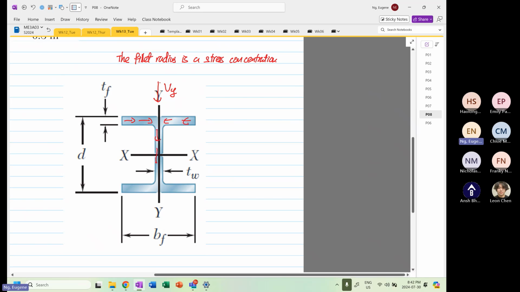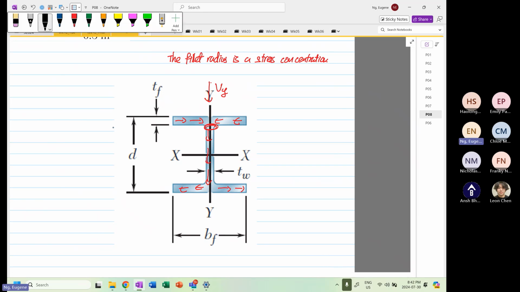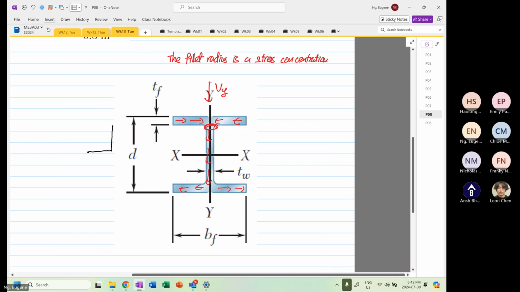This is going down, and then it's flowing this way. We want to look at the junction over here. If we draw the transformation, this is our Y, this is our Z, this is rotation in our X.